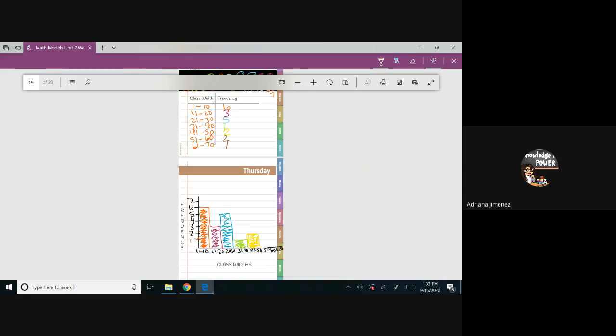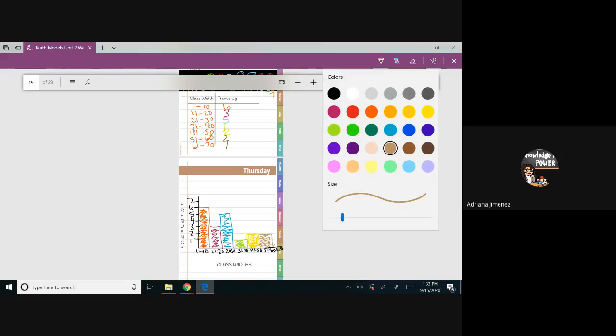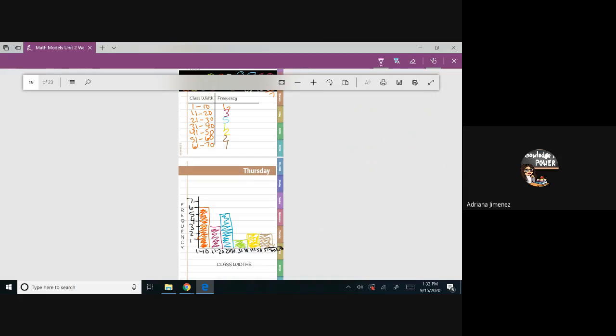Brown is 2 as well. And then the last one was 1. So we just go right there. And that's it. That's how you do your histogram on Thursday.